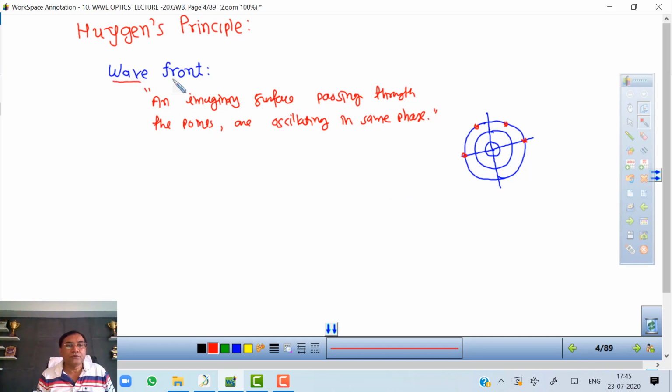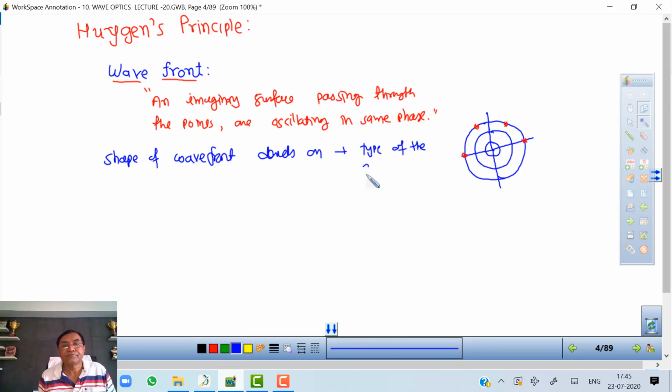So the shape of the wavefront depends on what? The shape of the wavefront depends on the type of the source.